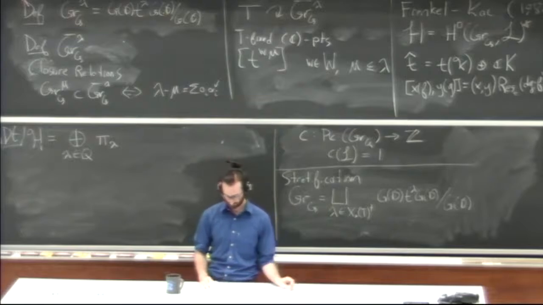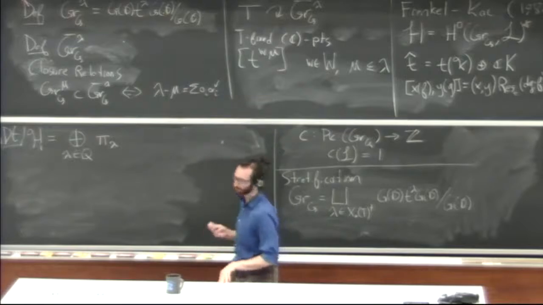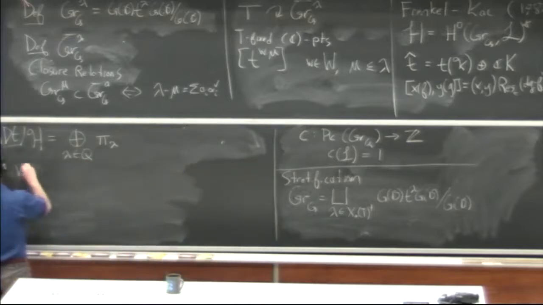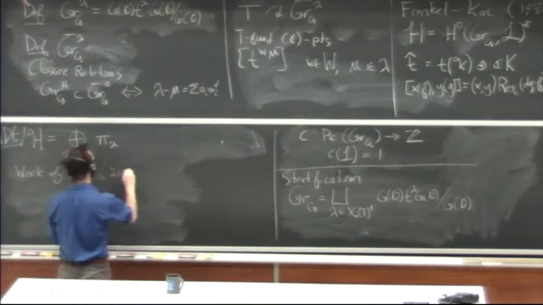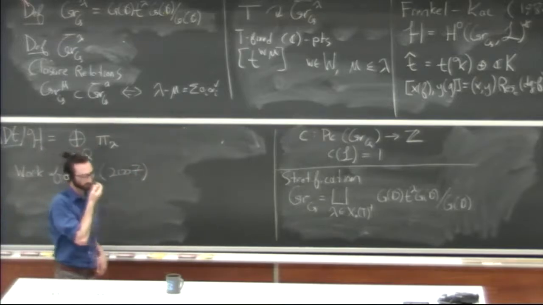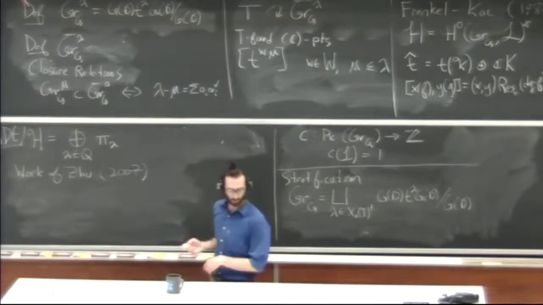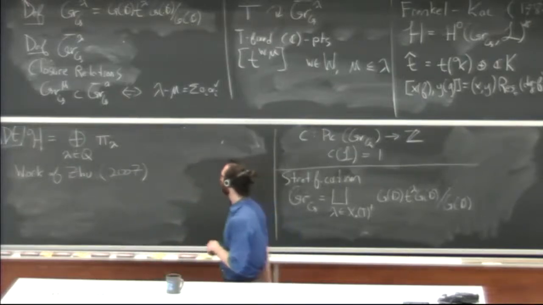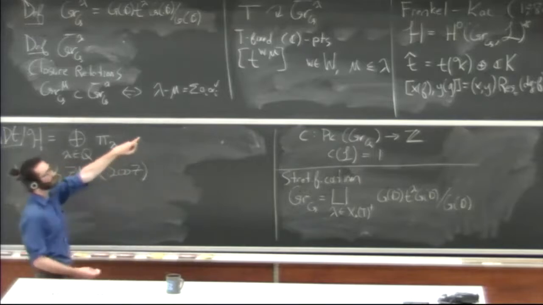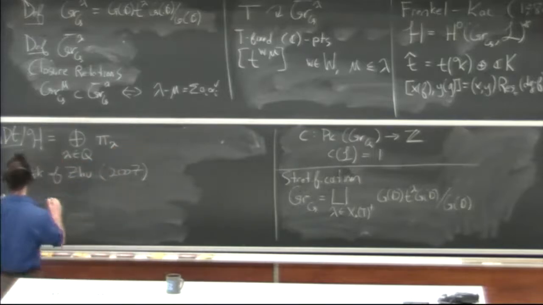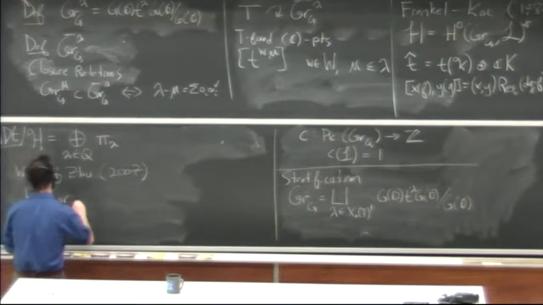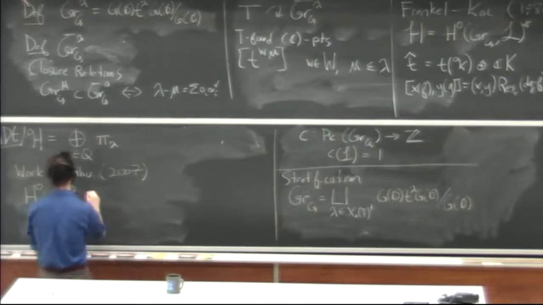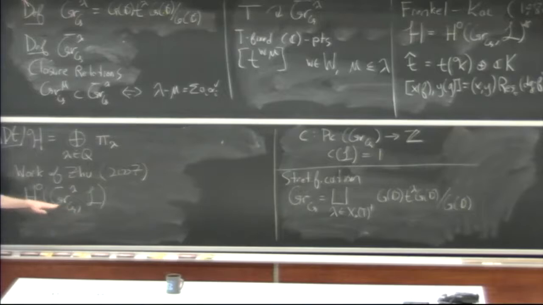Okay, so here's some work of Zhu in 2007. What I want to first consider is the T-fixed subscheme of a given affine Schubert variety. And if I do, I will have a restriction map from global sections on Gr_G λ bar, L. So this is the space of global sections.